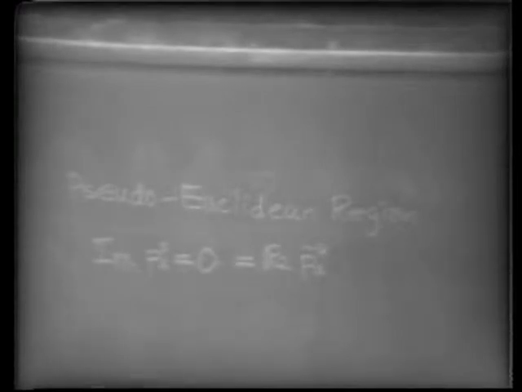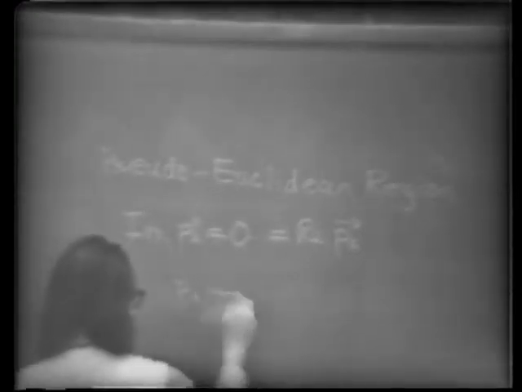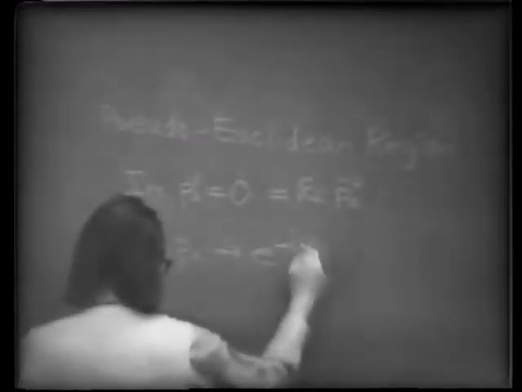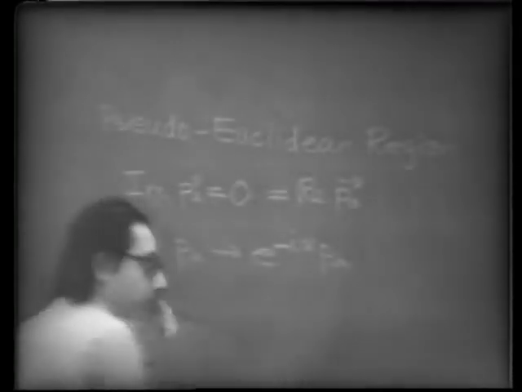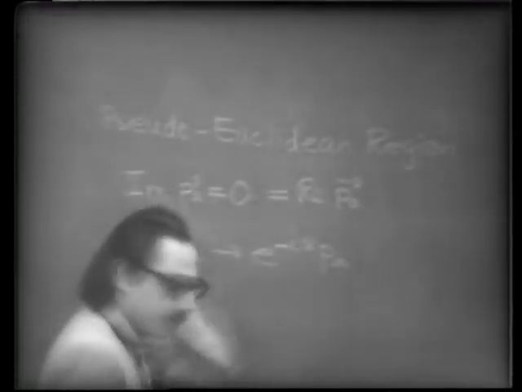It's just the opposite of the Euclidean region. We can, of course, get to the pseudo-Euclidean region from the Euclidean region simply by making a rotation, just as we got from the Euclidean region to the physical region.